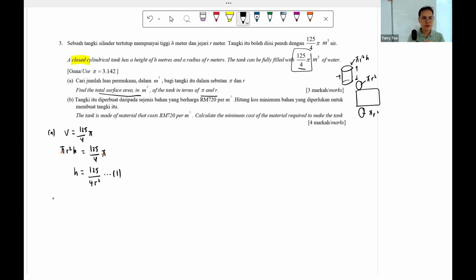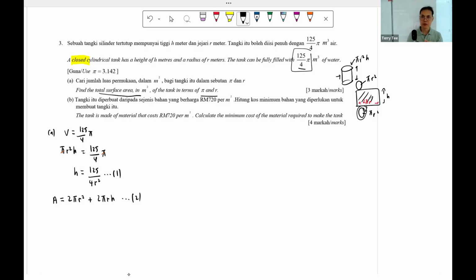So the surface area, we call it A, is 2 pi r squared plus this part here. Your height is h, and the length from here to here is the circumference, which is 2 pi r. So we write this as 2 pi r h.